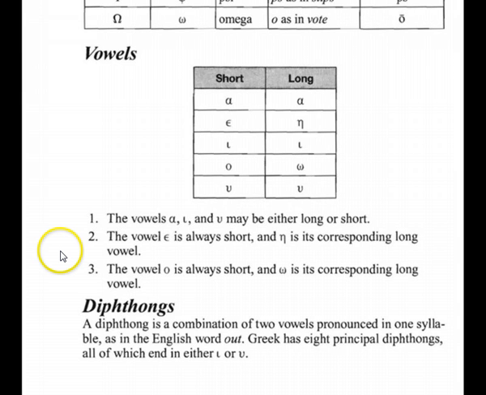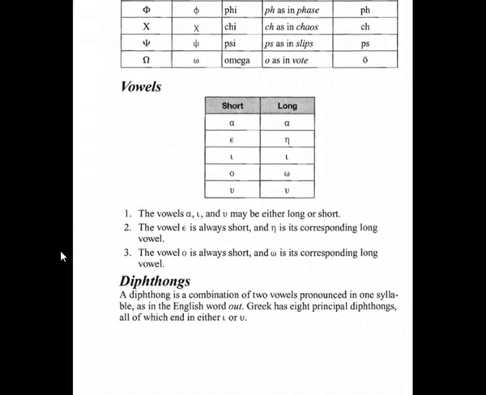But what you notice in this chart is that the vowels alpha, iota, and upsilon can be either long or short, whereas the vowels epsilon and omicron are always short, and their corresponding long vowels are eta and omega. So eta and omega will always be long, epsilon and omicron will always be short.